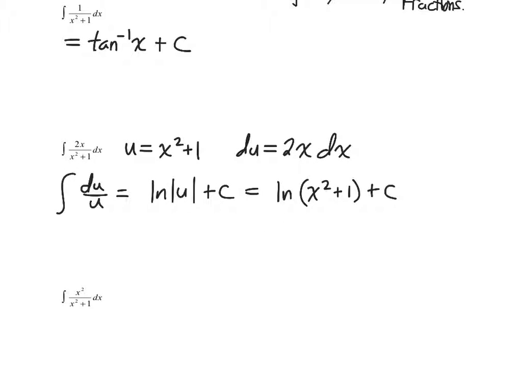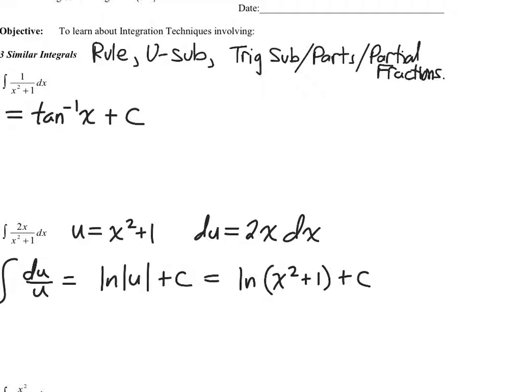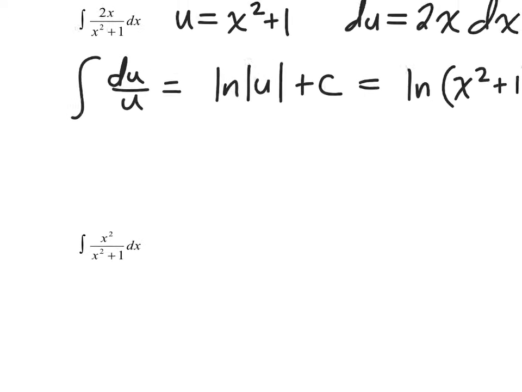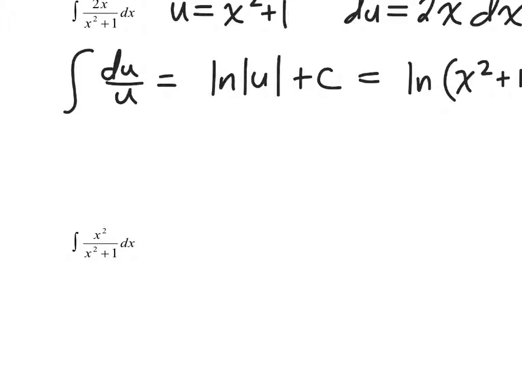Now for the third one, we could do partial fractions. We could try a trig substitution. I mean, we got an x squared plus 1. That kind of sort of looks like a partial fraction decomposition technique. Or it could be the trig substitution.